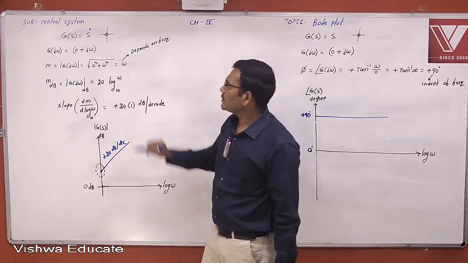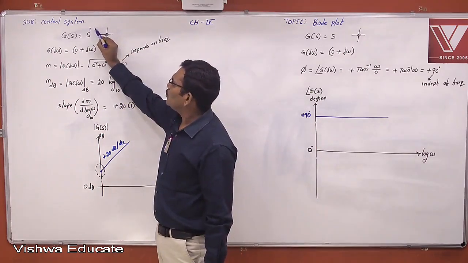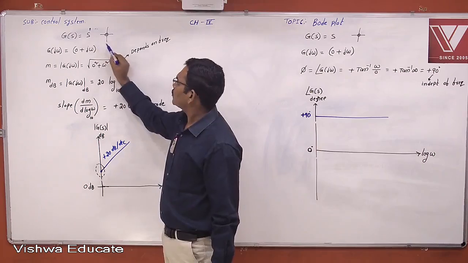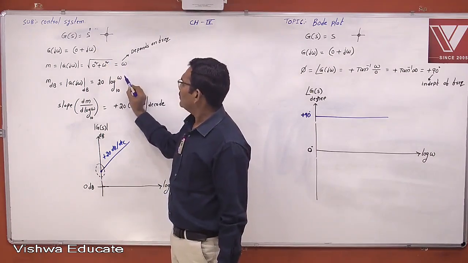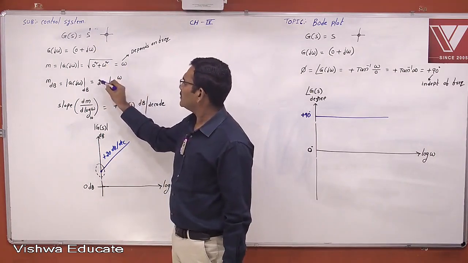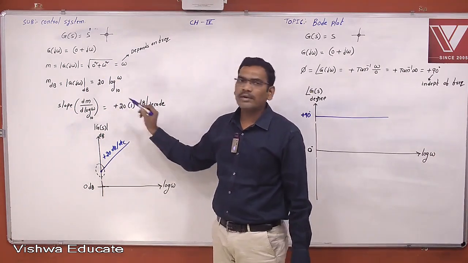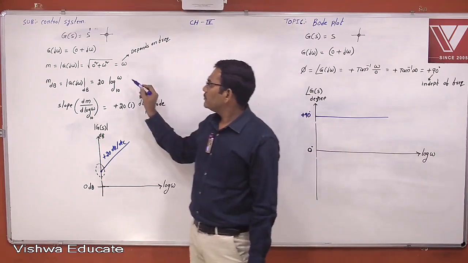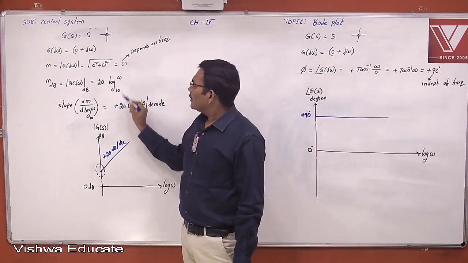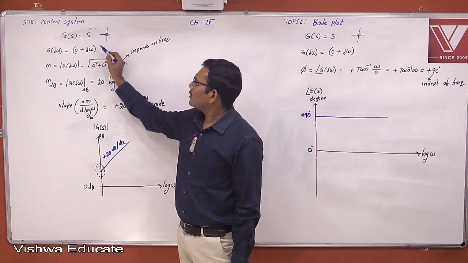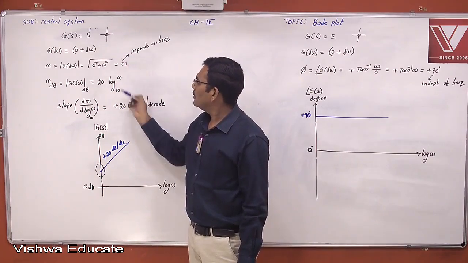Now if this is 2 zeros at origin, s square, omega square, it will come to 2 into 20. Understand? If it is cube, 3 zeros at origin, 3 into 20.